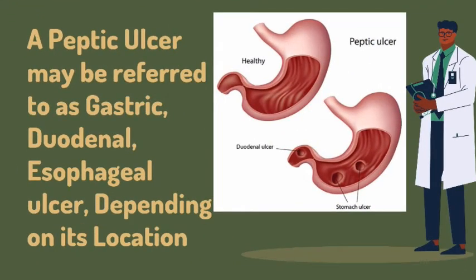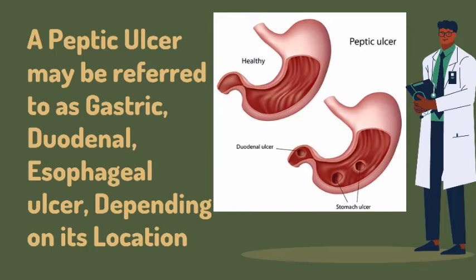So we will see over here, a peptic ulcer may be referred to as a gastric, duodenal, or esophageal ulcer, depending on its location. When a person gets a peptic ulcer, it can occur in the gastric area, the duodenal area, or the esophageal area. Depending on its location, the different area where a person gets the ulcer is known as a peptic ulcer.